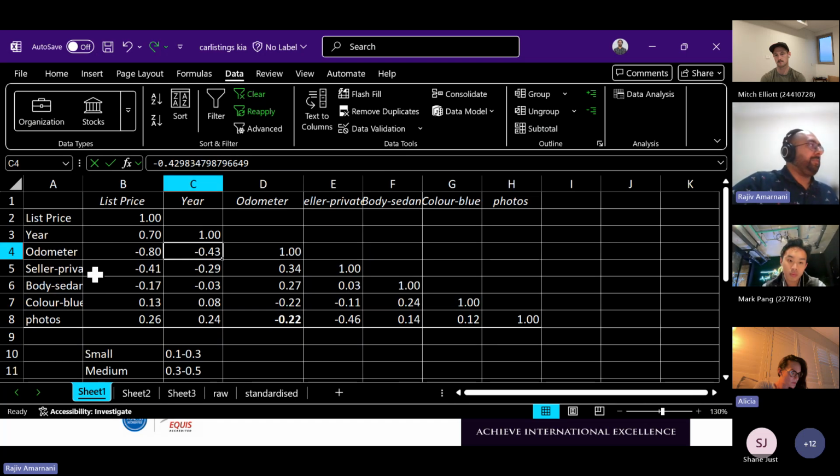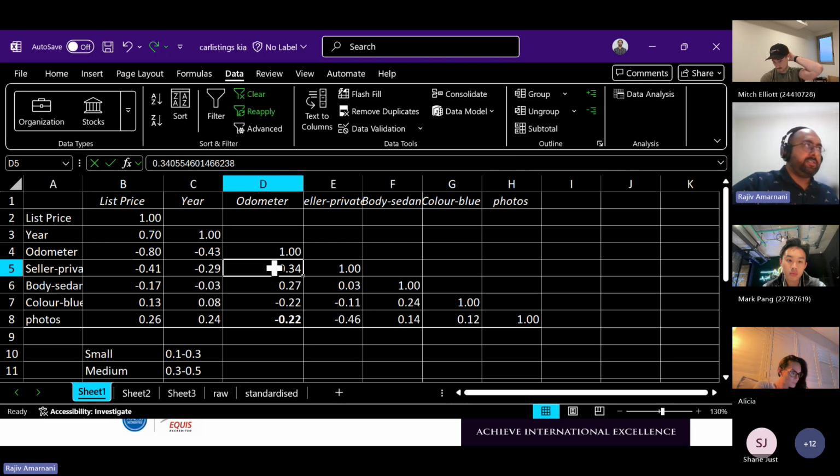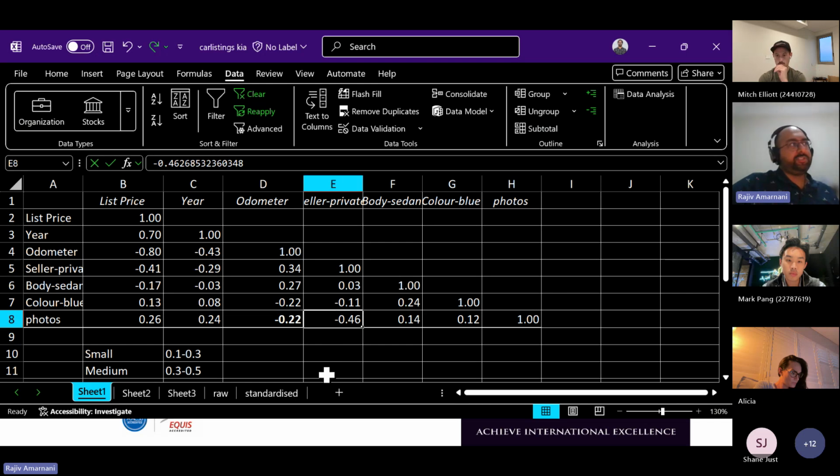So let's look at the pattern of correlations. They tend to be older cars. They tend to have more on the odometer. And they tend to have fewer pictures. So the multiple regression takes these overlaps with the private seller variable into account. And it does this automatically, by virtue of how the matrix algebra is run.